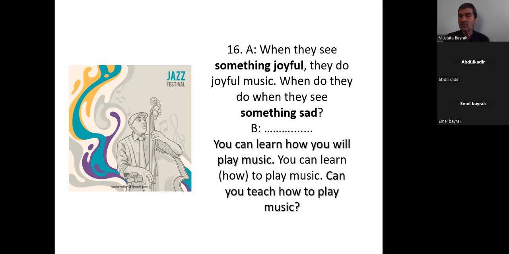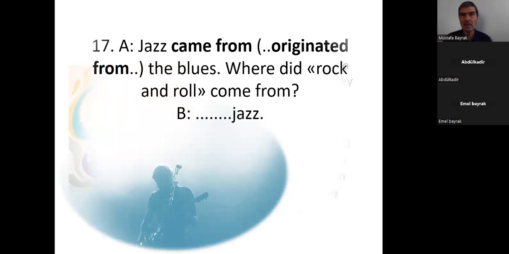No, I can't teach how to play music, but Bessie Smith can teach how to play music. Of course, this additional part is a subject of advanced level, but we have to prepare ourselves for those advanced level subjects. And it's not so complicated.